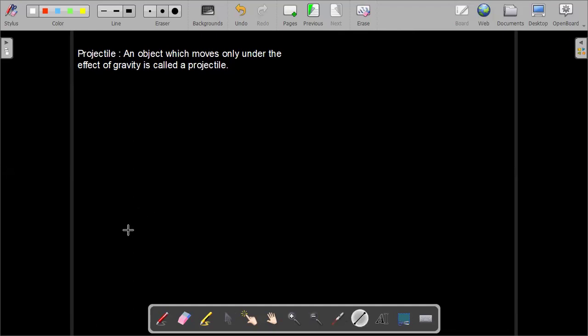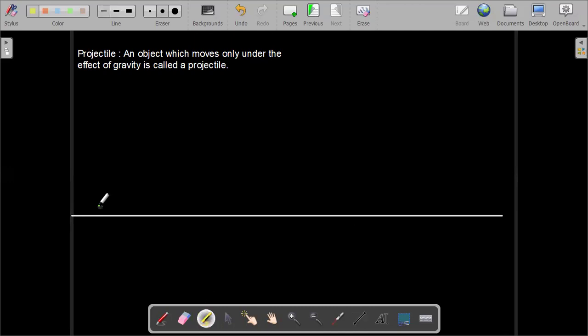We'll see certain examples and classify the projectile motion under three categories. The very first category is the vertical projectile. Then you have a horizontal projectile. You also have an oblique projectile. Suppose we have an object here and we throw it vertically upward. When it is in air, it is experiencing only the acceleration due to gravity.